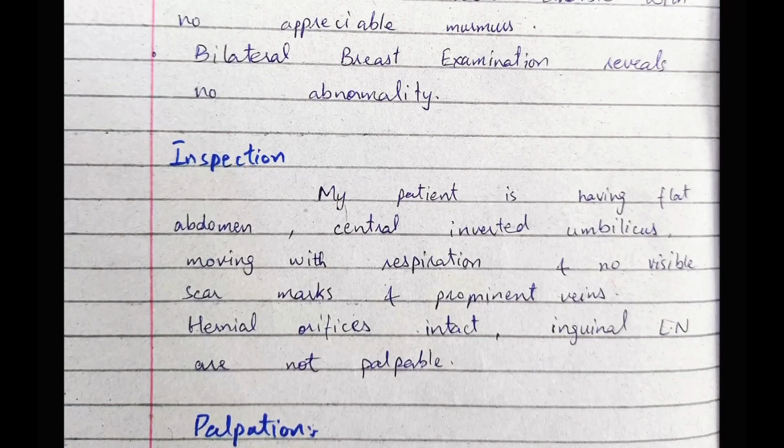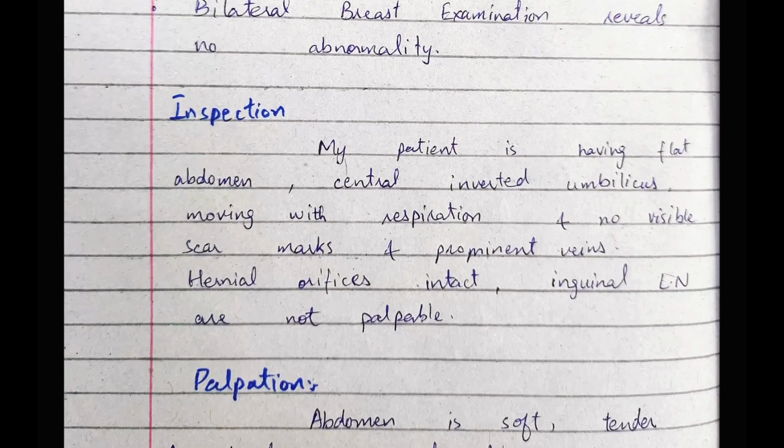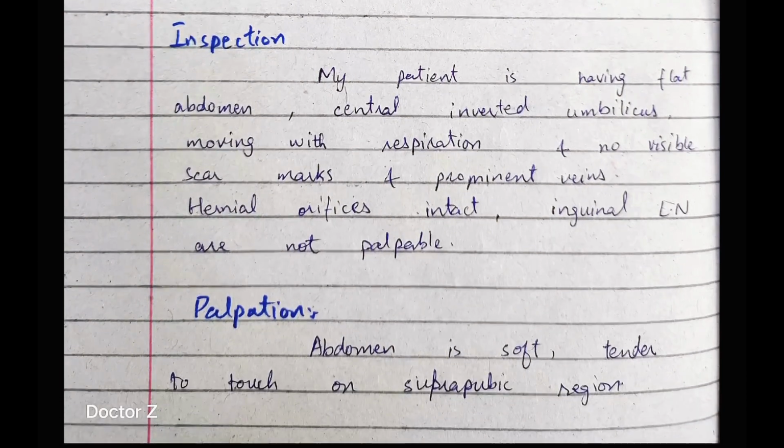On inspection, my patient is having flat abdomen, central inverted umbilicus, moving with respiration, and no visible scar marks and prominent veins. Hernial orifices intact, inguinal lymph nodes are not palpable.